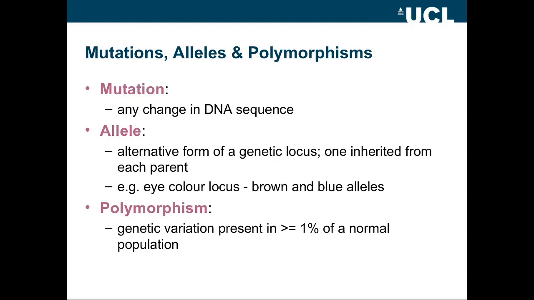Now, of course, defining normal becomes quite difficult, and quite often the term single nucleotide polymorphism, or SNP, is misused simply to mean a mutation, and in particular to mean a mutation that doesn't lead to disease.